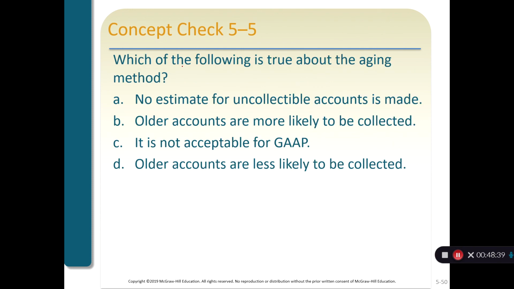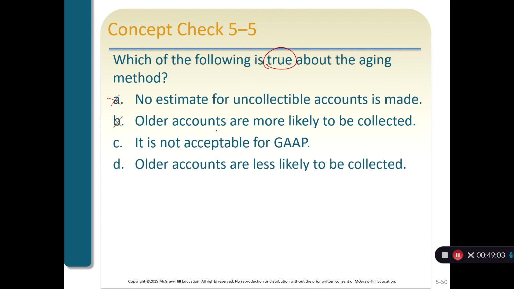Okay, which of the following is true about the aging method? A, no estimate for uncollectible accounts is made? No, the aging method considers different past due accounts receivable, using different percentages. Older accounts are more likely to be collected? No, it's the opposite.